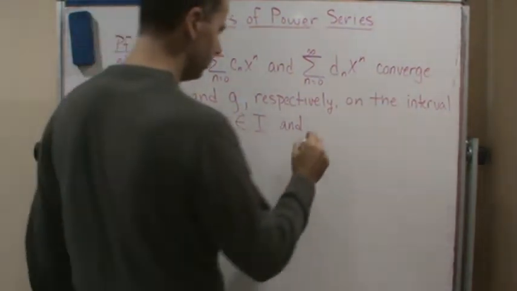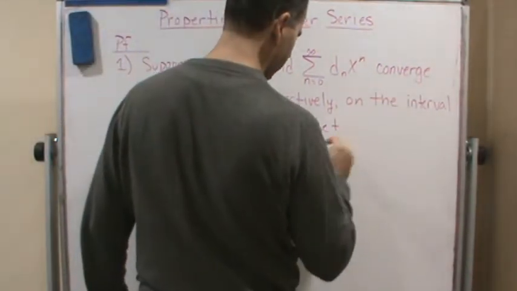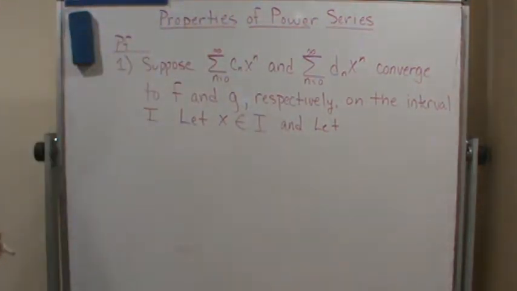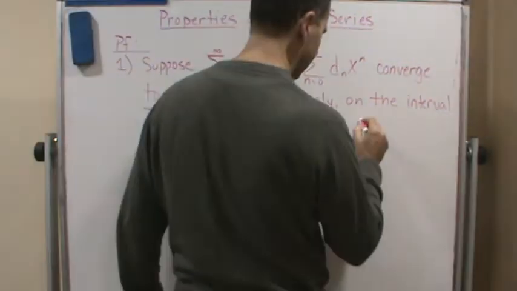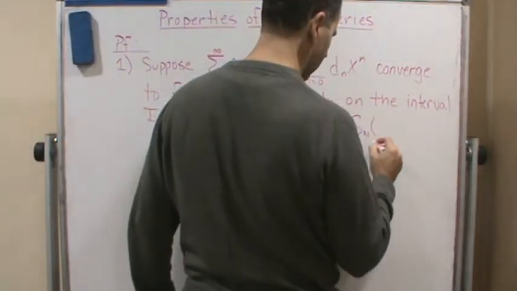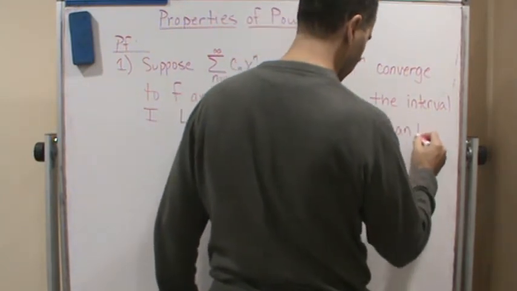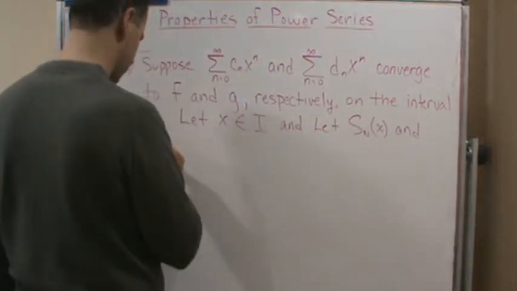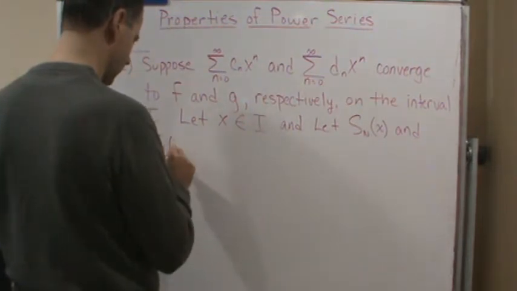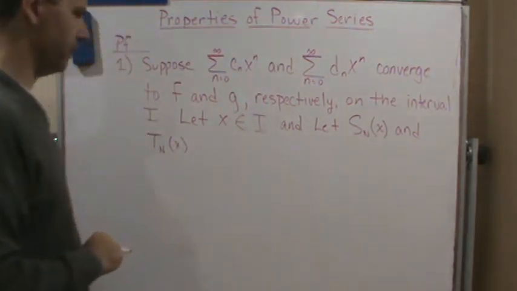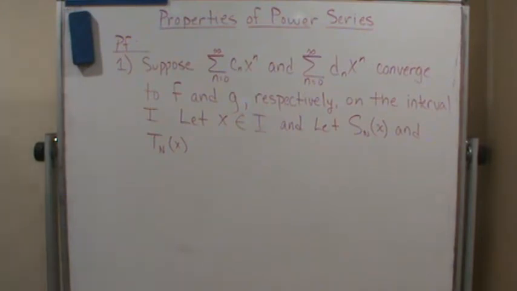Let s sub n of x and t sub n of x be the partial sums.